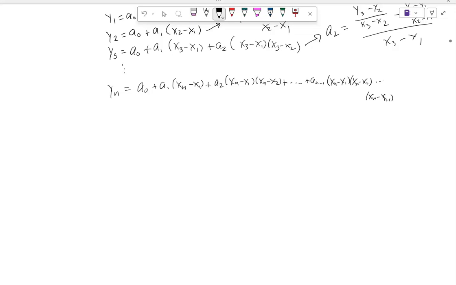We talked about using a Vandermonde matrix. Remember, that was basically just a straightforward way to set up a system of linear equations based on the general form of a polynomial, right?